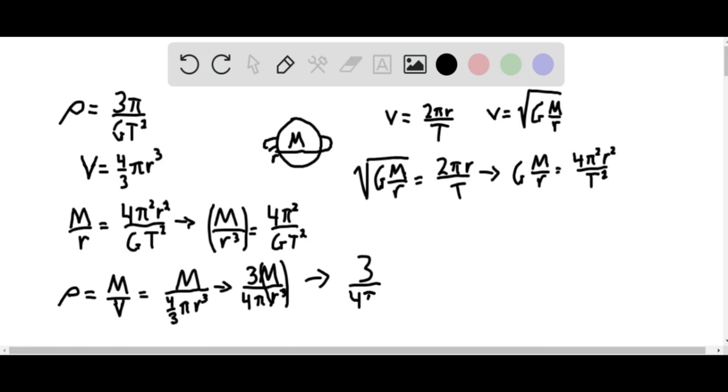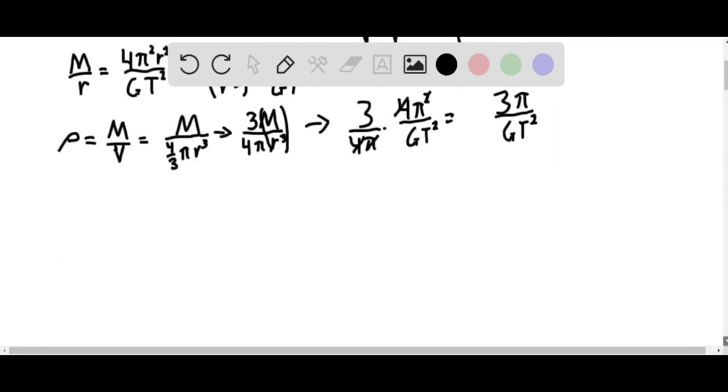Now, we'll have 3 over 4 pi times 4 pi squared over G T squared. Canceling out the 4 and the pi in the denominator, we get a value of 3 pi over G T squared, which was the expression we were asked to prove in the first place.